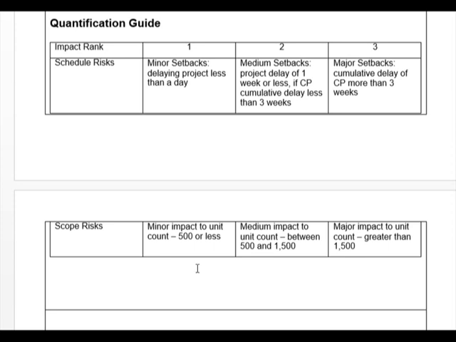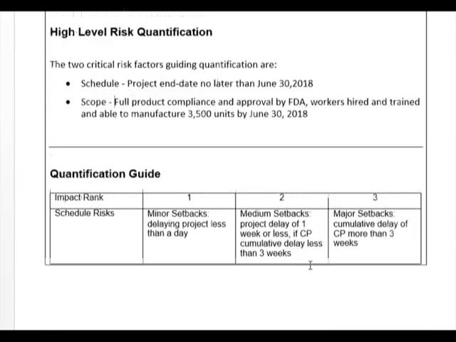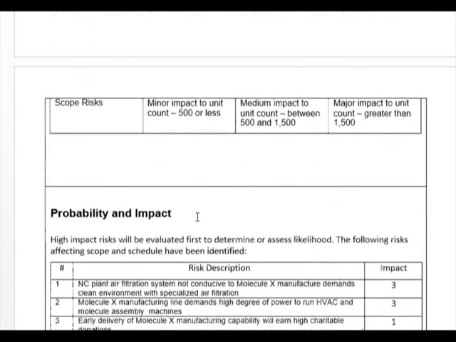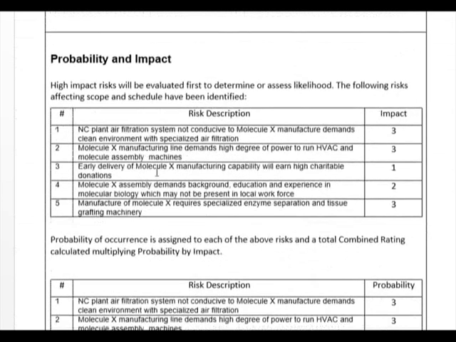From a scope perspective, minor impact to unit count of 500 units or less is the lowest impact. The highest is when it's greater than 1,500. Both of those quantifications relate back to my success criteria, or my primary risk factors. So I go into a probability impact.